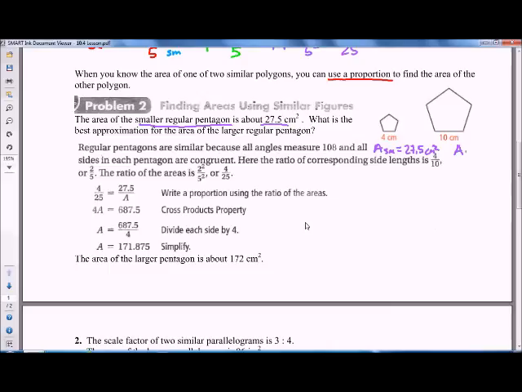We are looking for the area of the large pentagon. So first, number 1, we find the scale factor. Number 2, we find the perimeter or area ratio. And then number 3, we're going to use those to write a proportion.